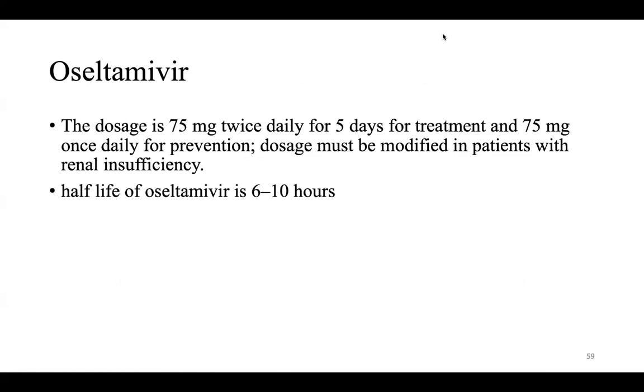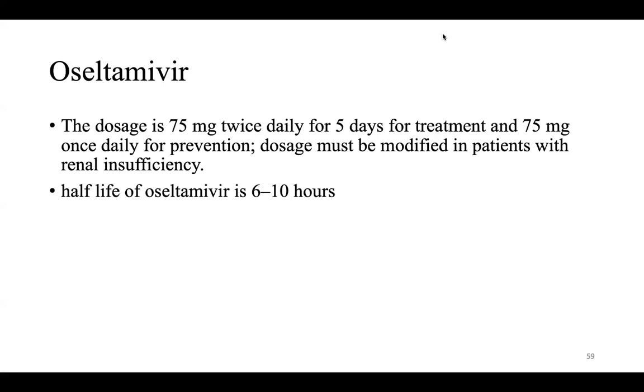Oseltamivir is an orally administered prodrug that is activated by hepatic esterases and widely distributed throughout the body. Oral bioavailability is 80%, plasma protein binding is low, and concentrations in the middle ear and sinus fluid are similar to those in plasma.